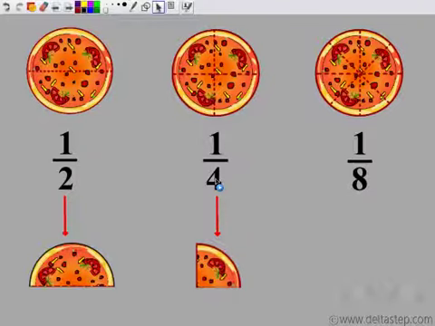Similarly, what is 1 by 8 giving me? 1 by 8 again gives me one part of these 8 equal parts. So 8 such parts would make up this whole. Now it is not necessary that we divide only 1 by 2, 1 by 4. This unit could be anything.